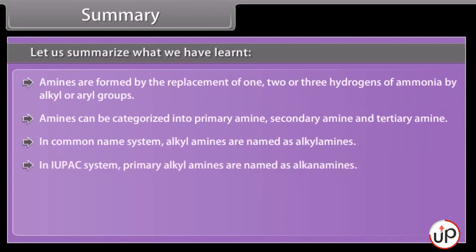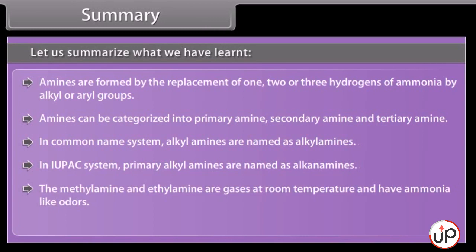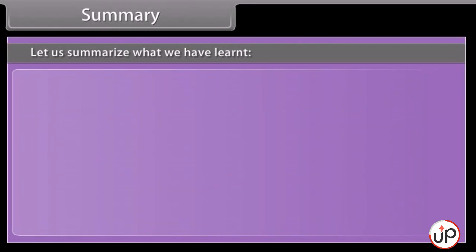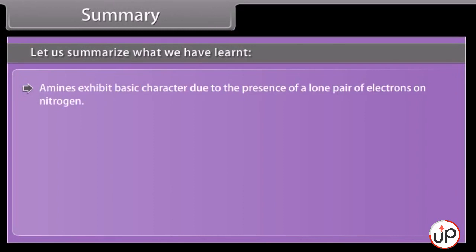In the IUPAC system, primary alkyl amines are named as alkanamines. Methylamine and ethylamine are gases at room temperature and have ammonia-like odors. Low molecular weight amines can form hydrogen bonds with water molecules. Amines exhibit basic character due to the presence of a lone pair of electrons on nitrogen.